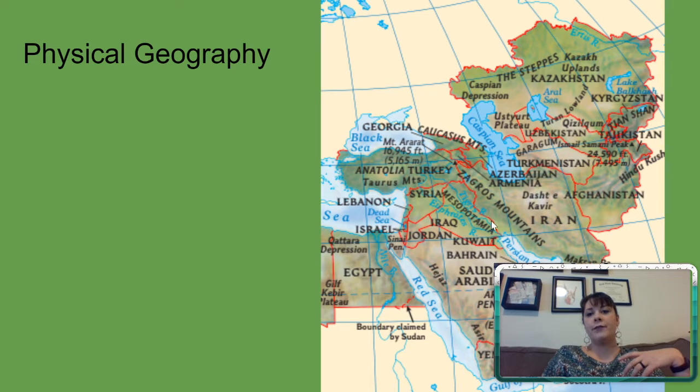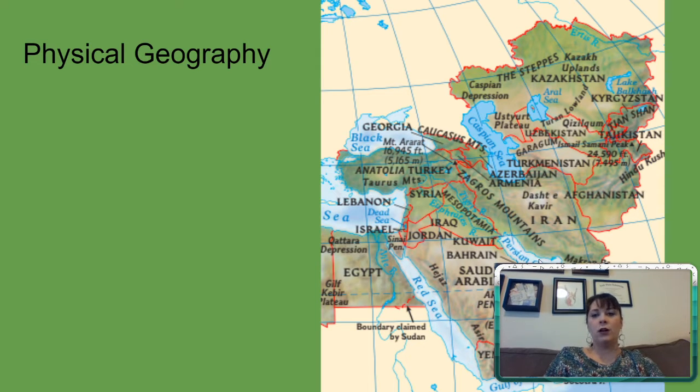We have the Tigris River and the Euphrates River, and between them, the rivers flood, which brings lots of nutrients and moisture to the ground, which made it really easy to farm, especially way back when. More farming means more people can live there and there's more food. And so that's where we start to see the first cities pop up. So the Tigris and Euphrates Rivers in this area are super important.